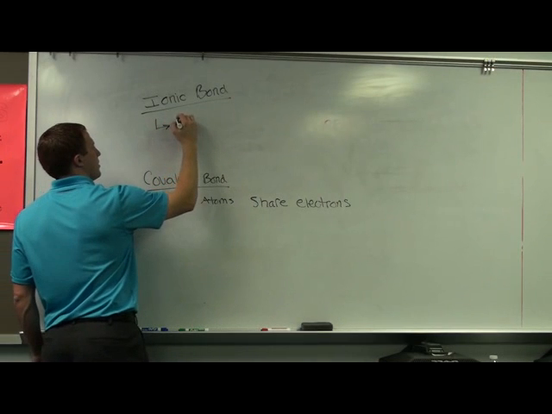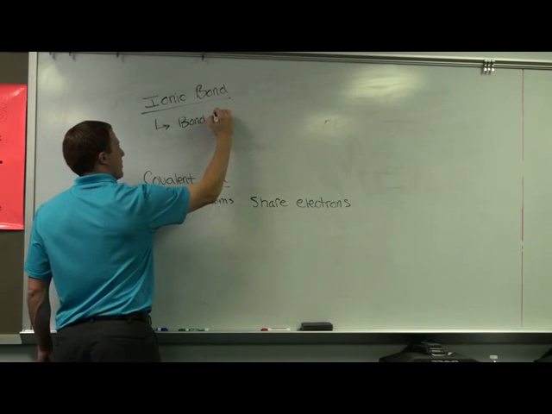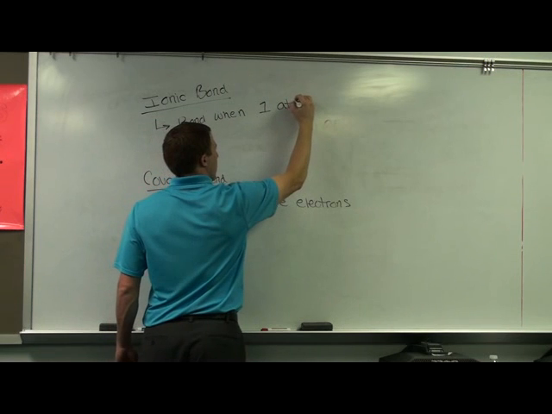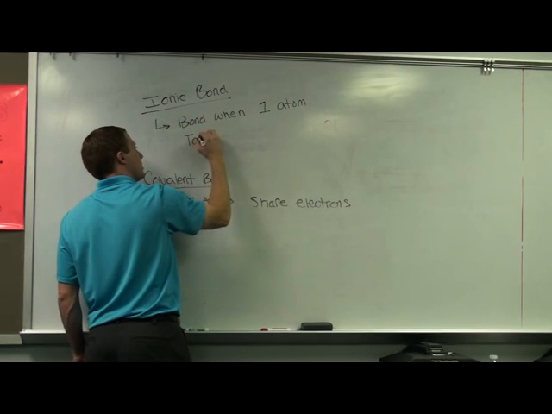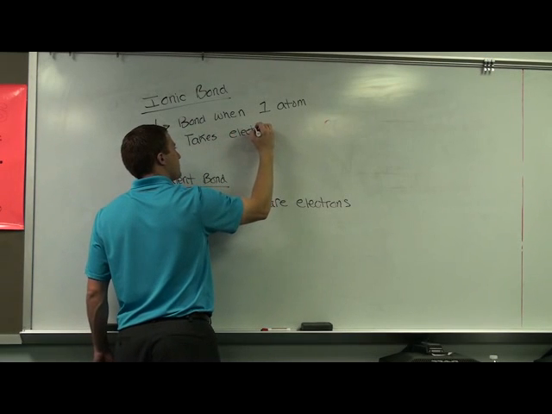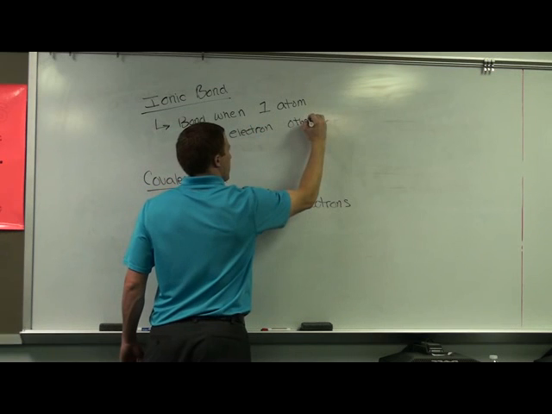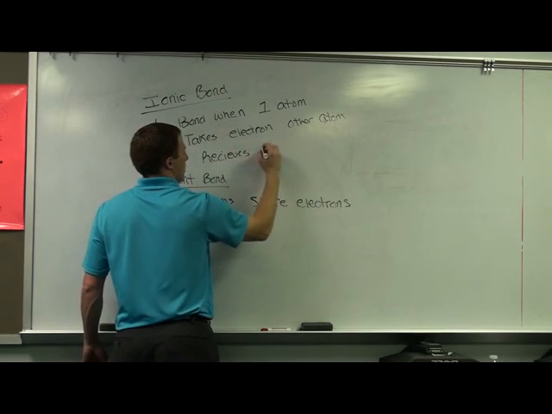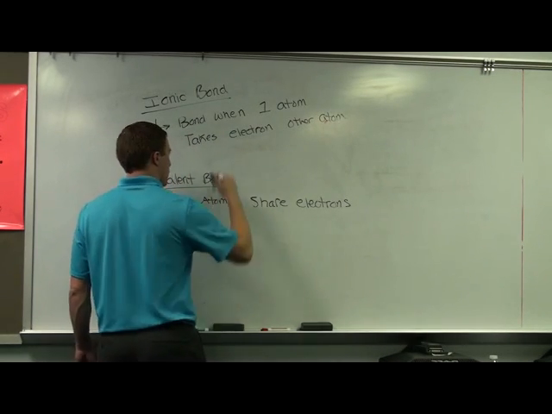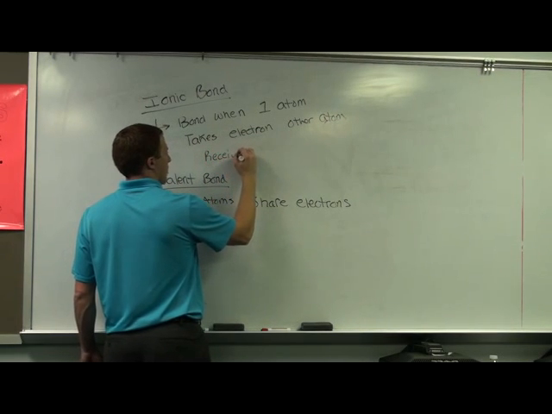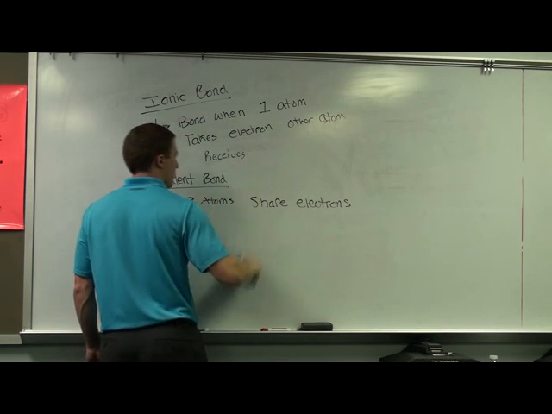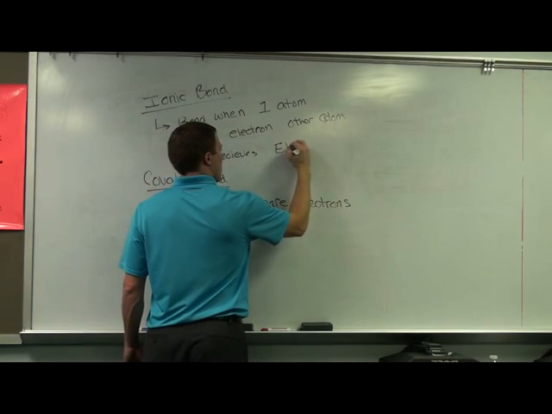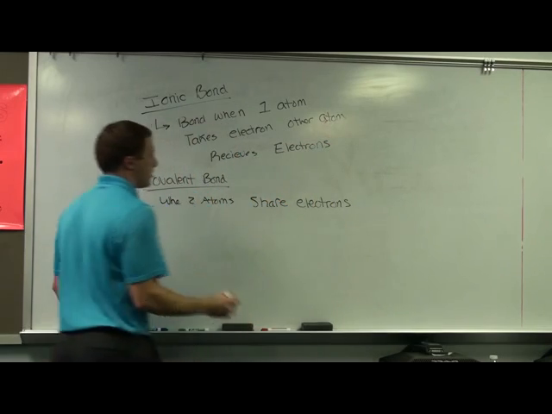An ionic bond is a bond when 1 atom takes electrons, and the other atom receives them.